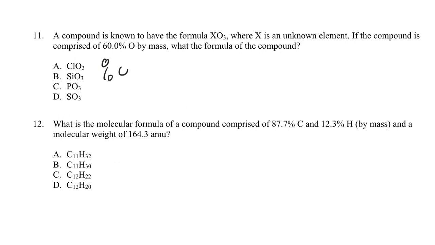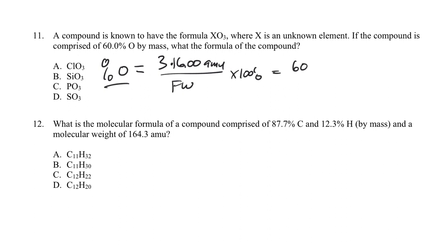Well, I'm just going to use what I know about percent mass, which is that the percent O, which would be 3 times 16.00 AMU, divided by the formula weight of the compound times 100% is the percent oxygen, which is 60%. I'm going to get rid of the percent and just call this a fraction.